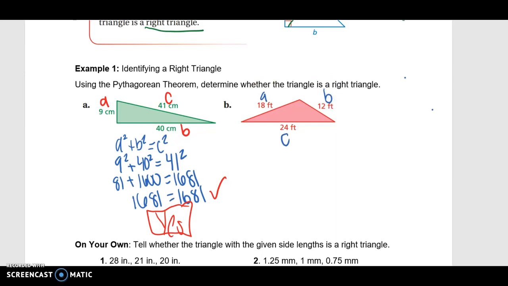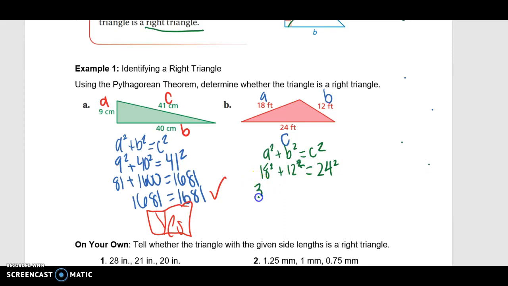Remember, it doesn't really matter which one you label a and b, you'll still get the same answer. So I'm going to write the formula a squared plus b squared equals c squared. My a I said was 18, my b I said was 12, and my c I said was 24.